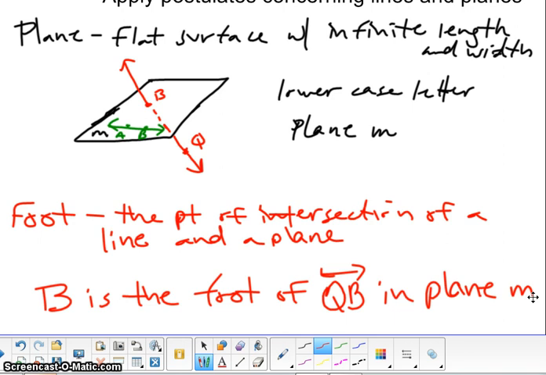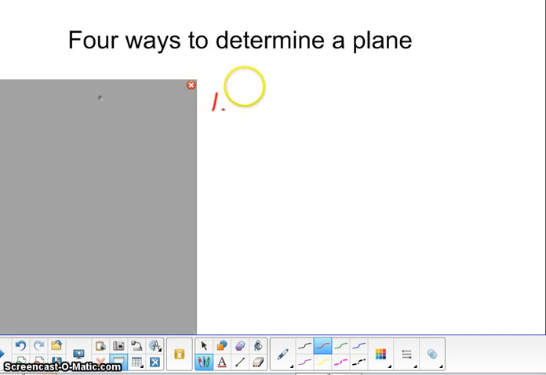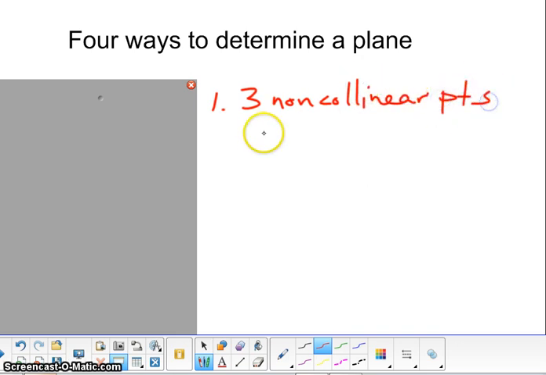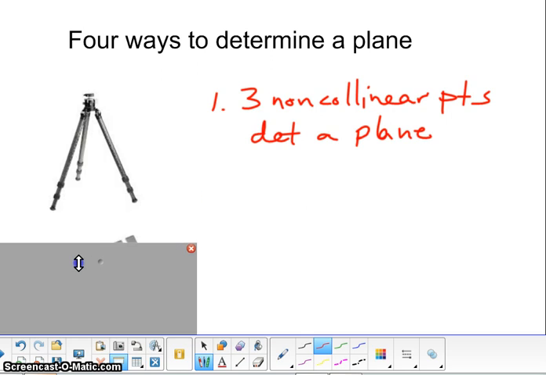So let's go ahead and talk about the 4 ways to determine a plane. The first one is 3 non-collinear points determine a plane. The example I have of this is something you may have already used in your own life, a tripod.